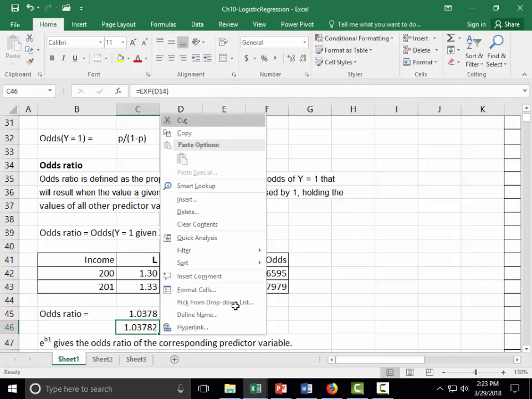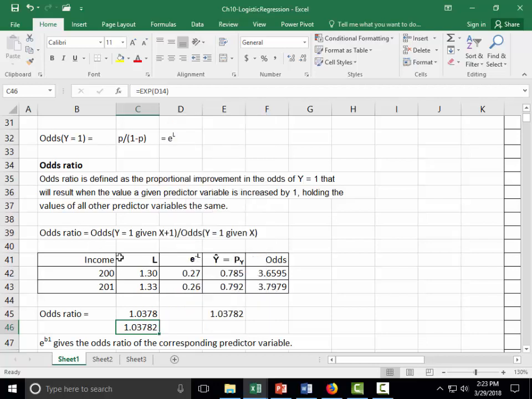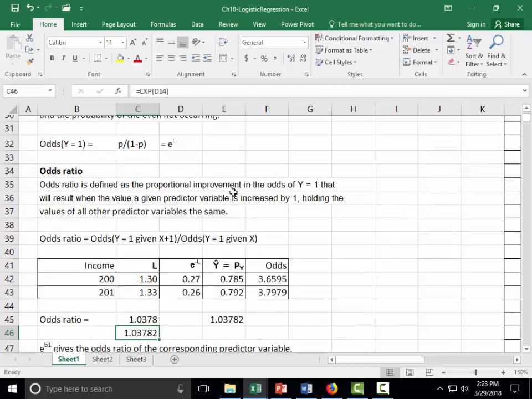We can interpret the odds ratio as: when x goes up by 1, this is what will happen to the odds of success. That is the interpretation for the slope coefficient. You figure out the odds ratio, e to the power of b sub 1. In other words, all of this computation is unnecessary.